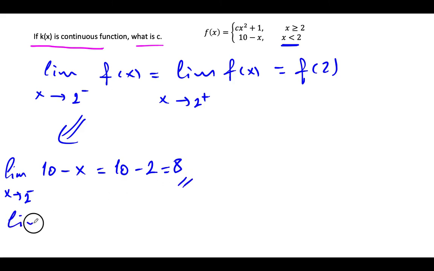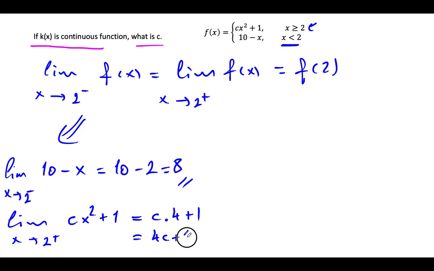And then limit as x approaches 2 plus, so it will be this case, which is x greater than 2. So it will be c x squared plus 1. Whenever we see x, we will put 2. So c times 4 plus 1, which will be 4c plus 1.